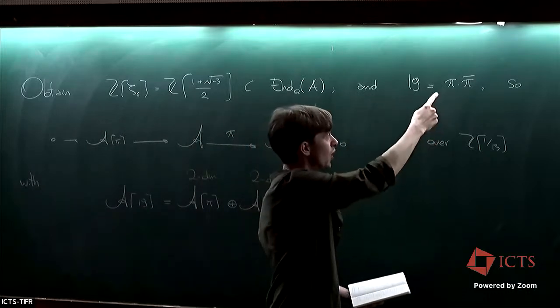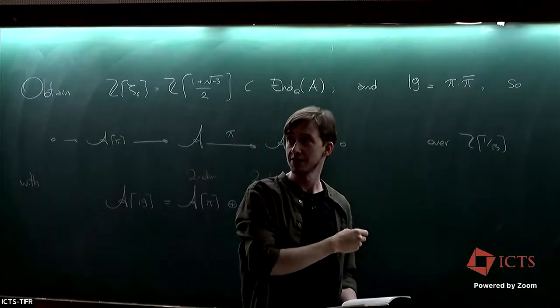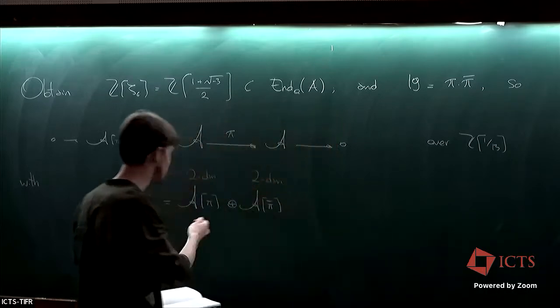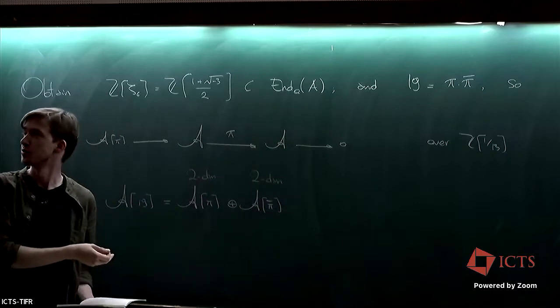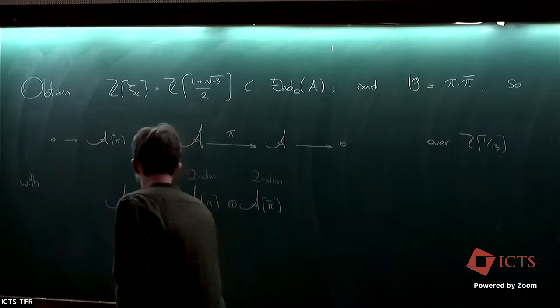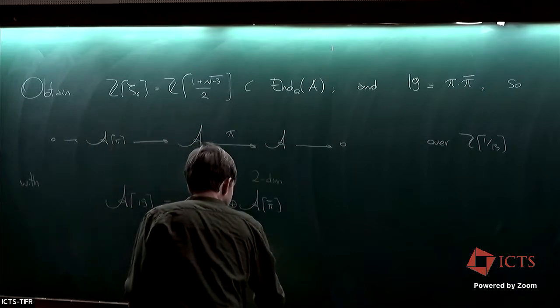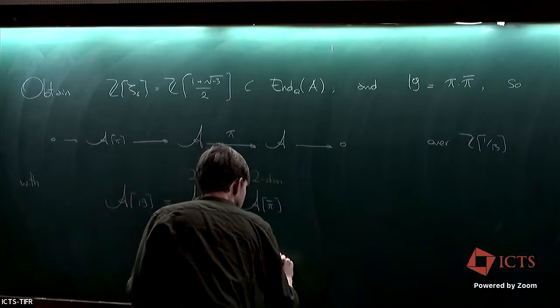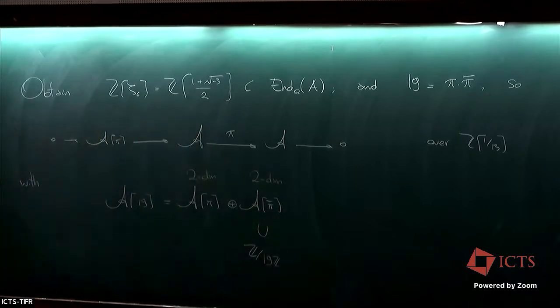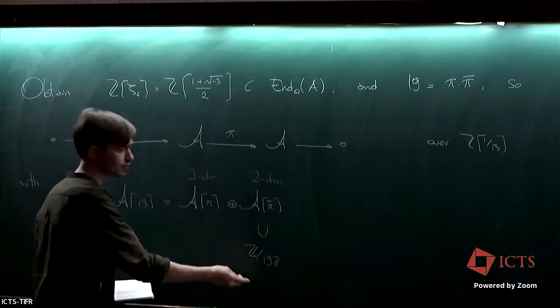So one of the two has to have this rational point of order 19 in its kernel. I don't know which one, but at this point, I don't care which one is pi and which one is pi bar. So I switch them if I have to. And I'm going to assume, without loss of generality, that it lies inside of A[pi bar]. I'll consider this one, but I want the rational point to lie in the other one.